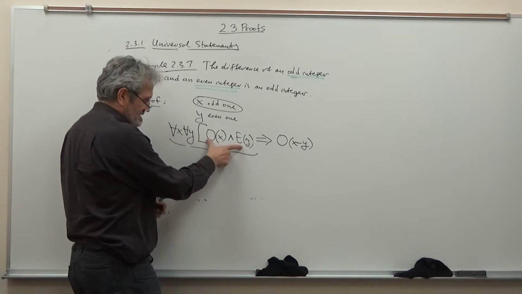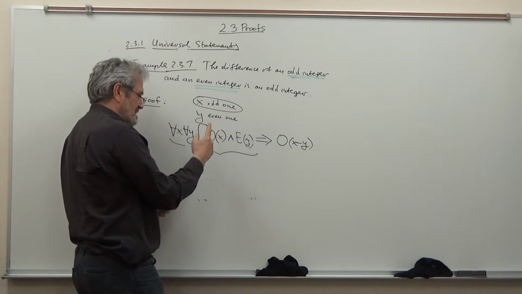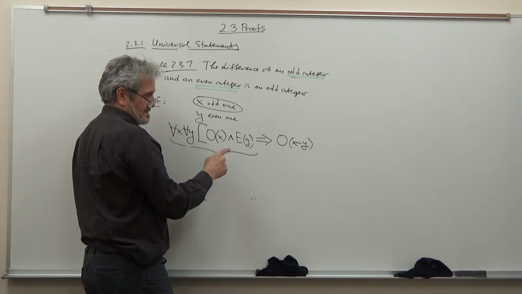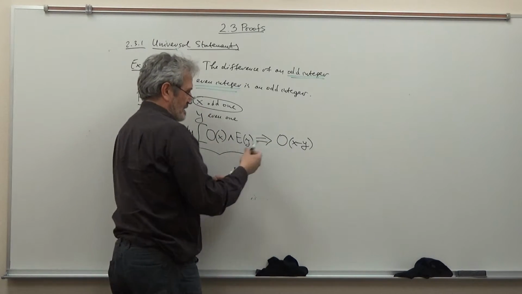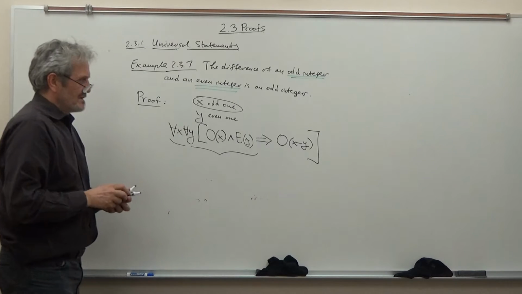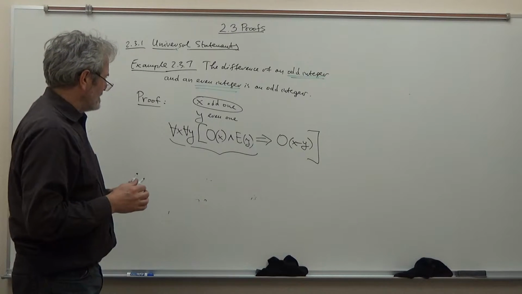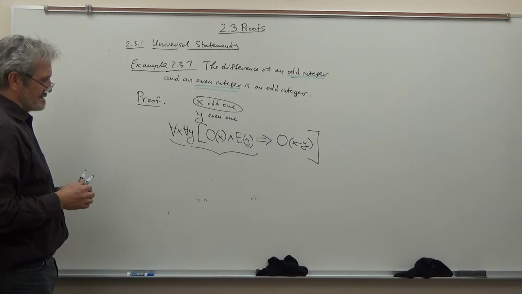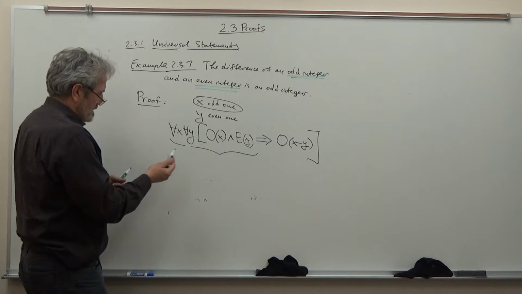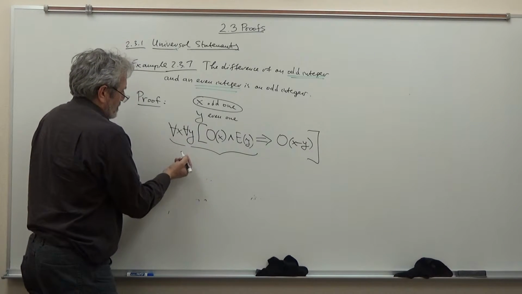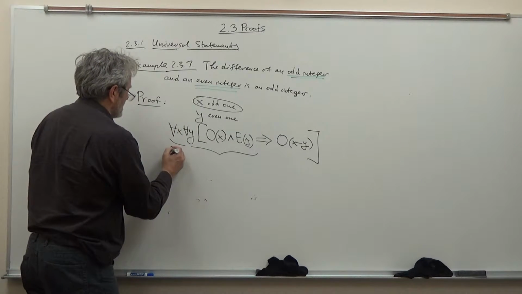It doesn't say that this assumption is always true, but it says whenever this is true, this has to follow. So be careful. Graphically it looks almost the same, but meaning-wise it's completely different. Anyway, how do we prove that? We say the following: for every x, pick an arbitrary x.